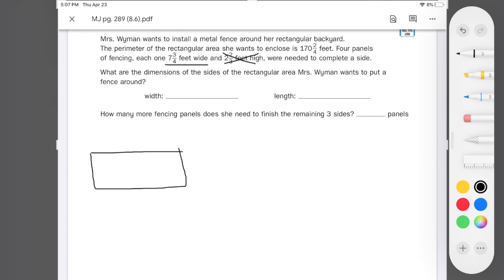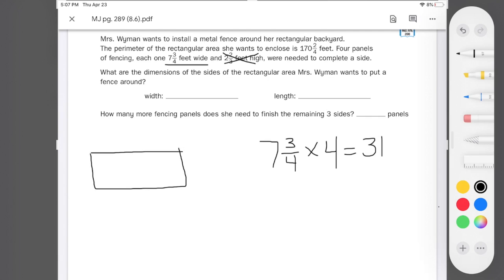So, if Mrs. Wyman needed 4 panels to complete a side, how could we figure this out? Well, 7 3/4 is what 1 panel's width is. In order to find out 4, we're going to multiply 7 3/4 by 4. I'm not going to fully write that out, but the answer is 31.